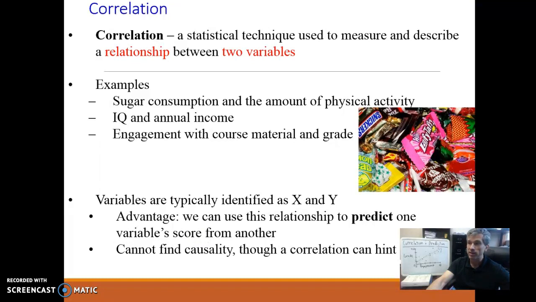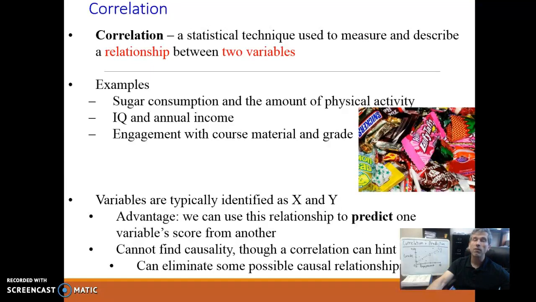I can't find causality, so I can't find cause and effect. I'm just describing relationships here. I don't know which one comes first or which causes the other, or even if either of them cause each other. But a correlation can sometimes provide some hints at a cause and effect relationship. We can actually use some techniques to eliminate some possible causal relationships, but with correlations you never can confirm one.